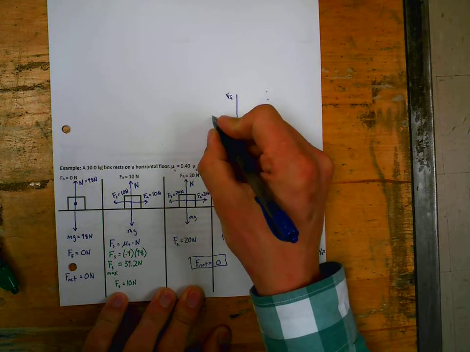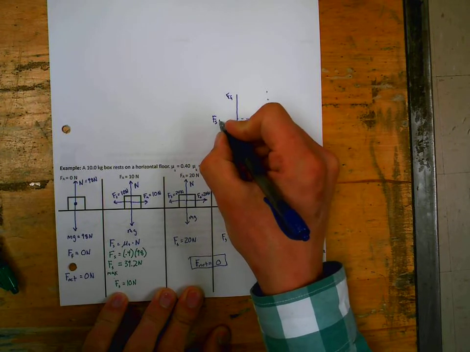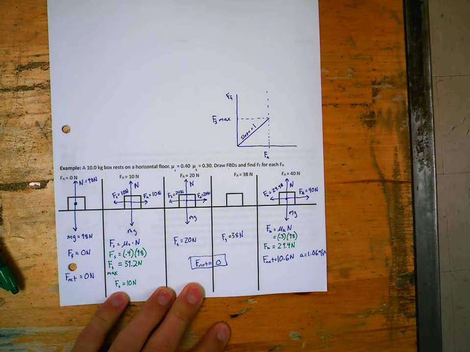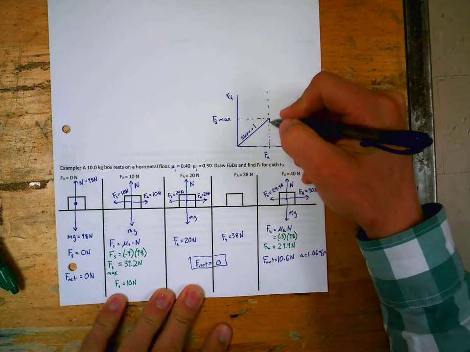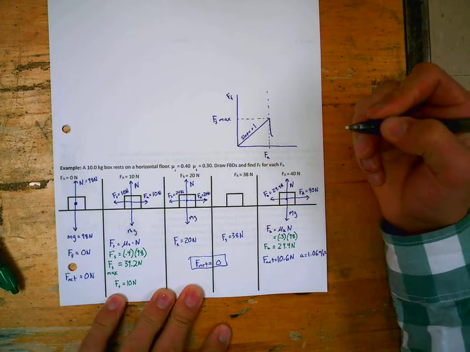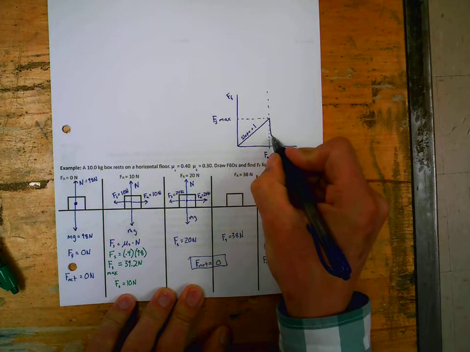So over here, force static max. That is the maximum friction you're going to get. Okay, and then it drops very sharply. Okay, it drops down. It actually has got a little curve like that as we're breaking free.